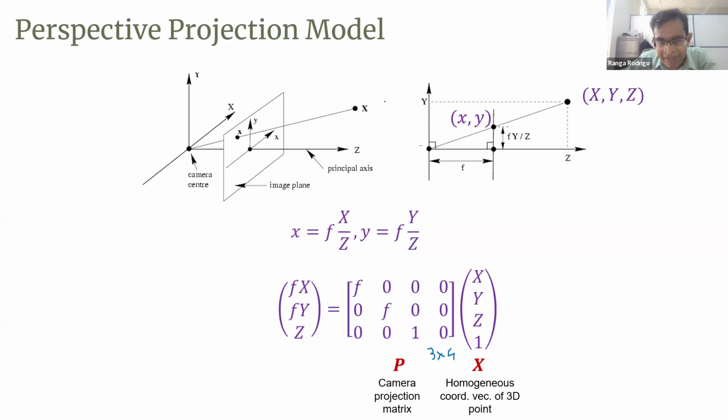The world point capital X is represented using not only 3 coordinates but a 1 at the bottom. It's a 4 by 1 vector, a 4-vector. And the result that you get, which includes these quantities, is a 3 by 1 vector.